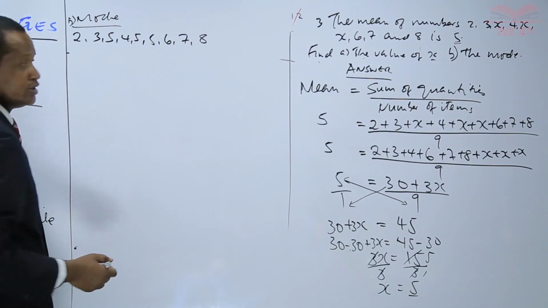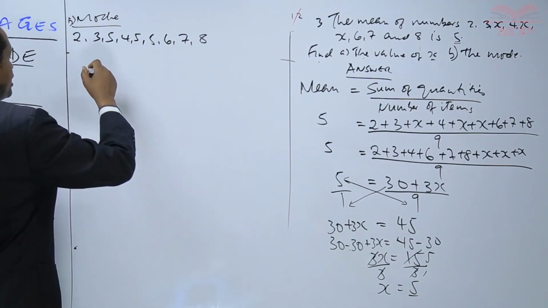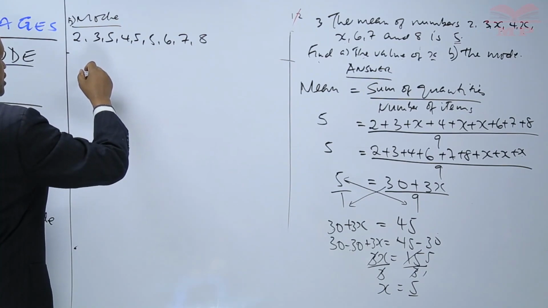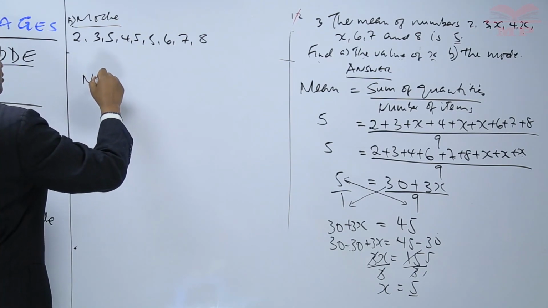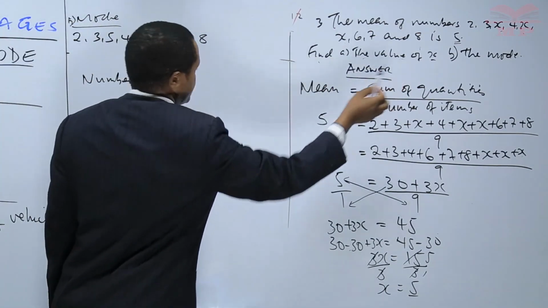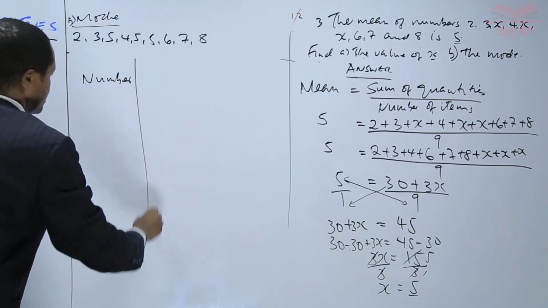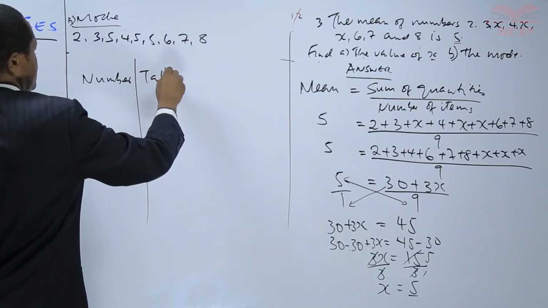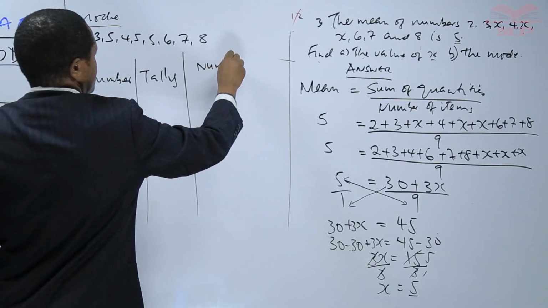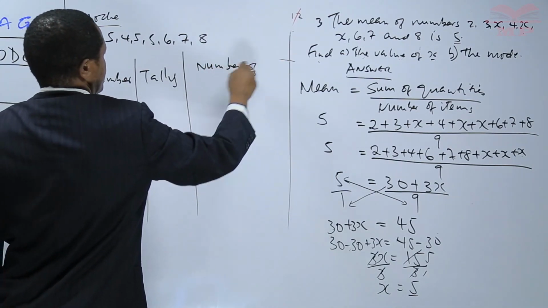To get the mode, we have to do a frequency table, and we'll have here number, because these are just numbers. So we have numbers, then there is tally, and number of times.